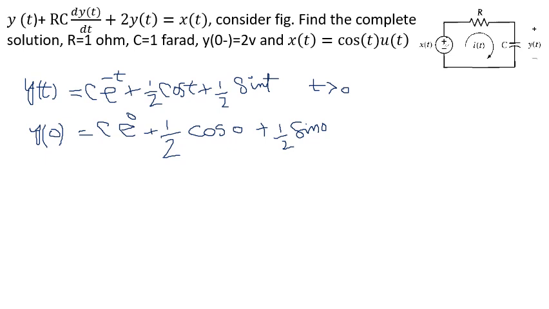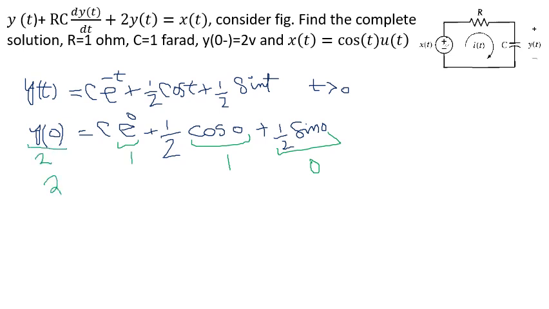You understand that sine of 0 equals 0 and cos of 0 equals 1, and y of 0 is 2.